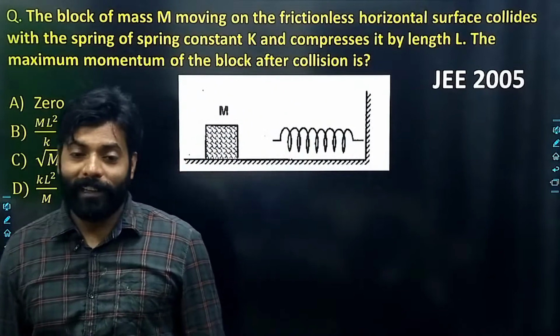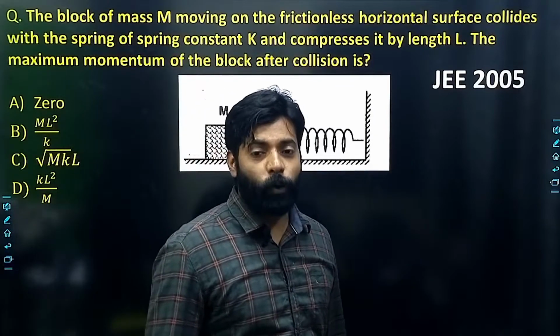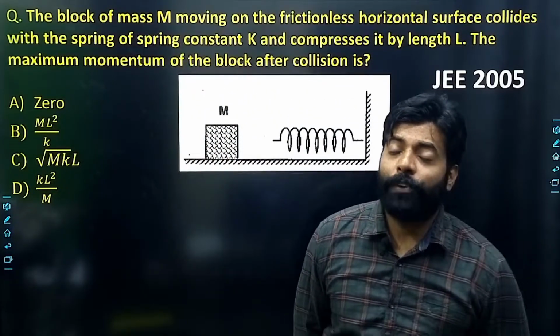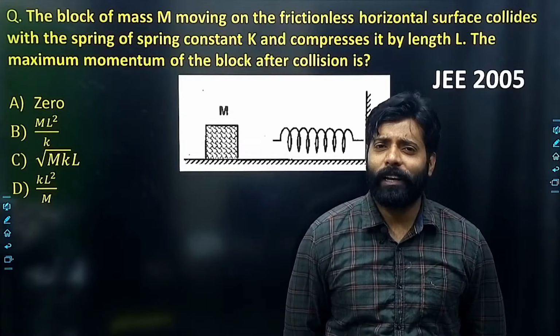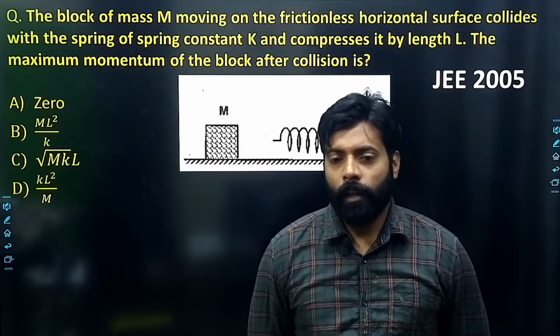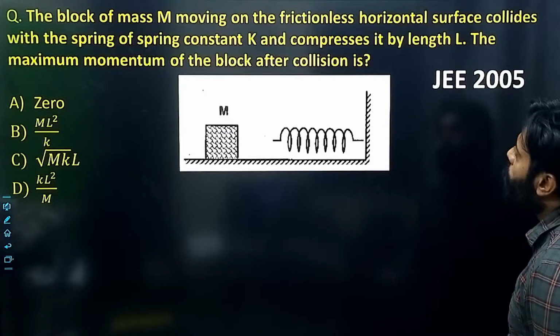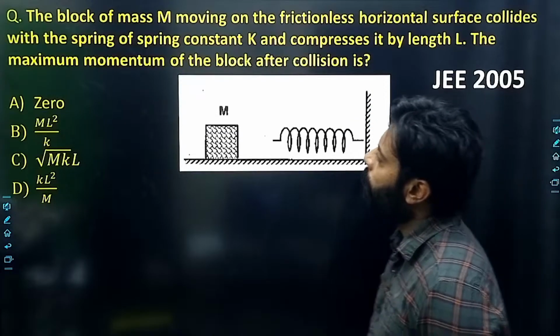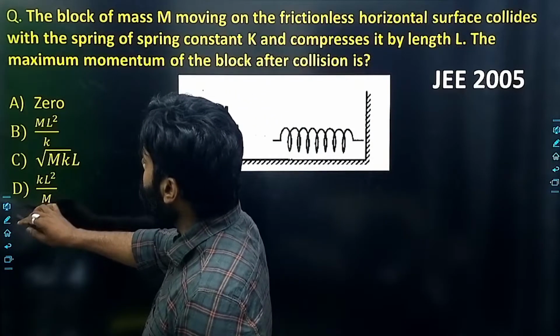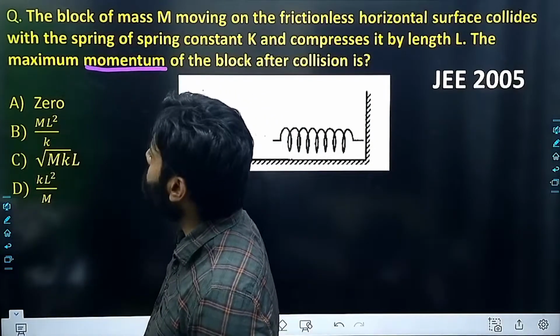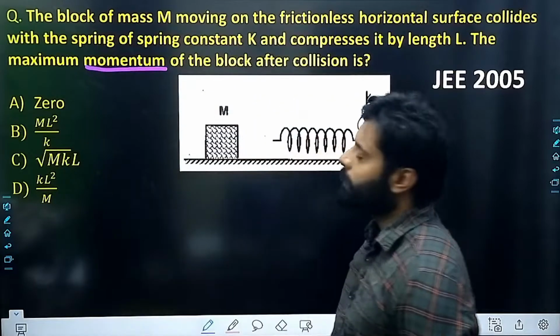And now we are having the JEE 2005 question with us, in which I'll be sharing one very big trick with you. Because if we see this question, they are asking about the momentum, and the concept of momentum would need to be discussed, right?